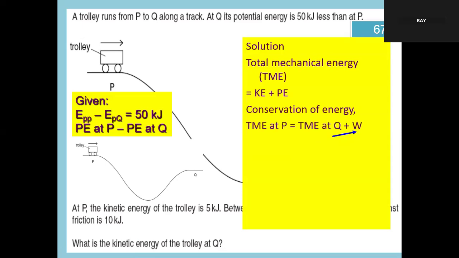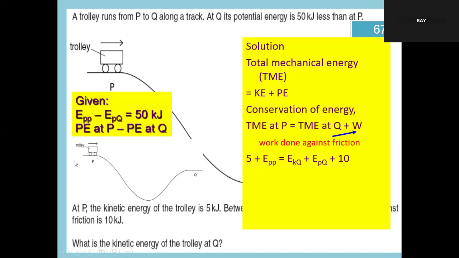Conservation of energy, right? Total mechanical energy at P equals total mechanical energy at Q, and then there's work done against friction, which must be added in.